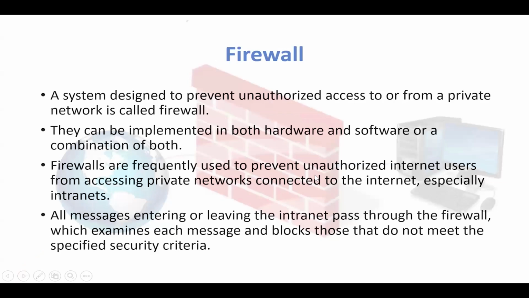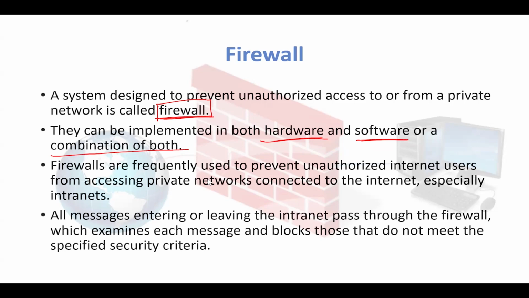Next comes your firewall. This is the last one. A system designed to prevent unauthorized access to or from a private network is called a firewall. We have all heard about this firewall and we use it also in our systems, isn't it? They can be implemented in hardware, software, or a combination of both.